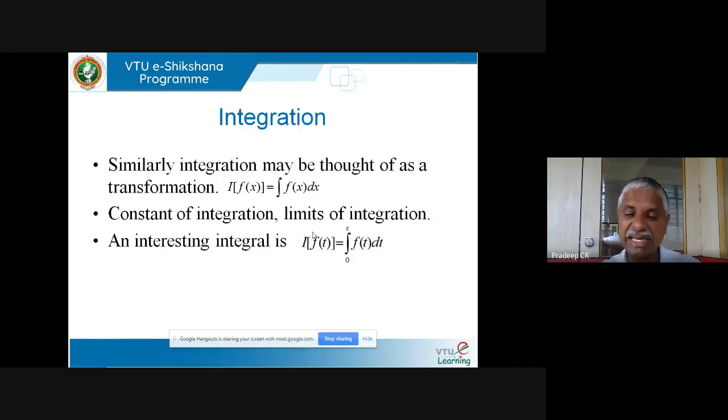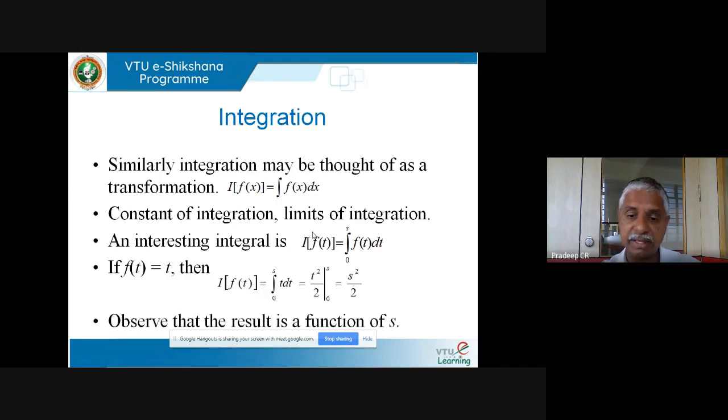This is another linear transformation on functions. That means if you give me two functions f of t and g of t, I of f of t plus g of t is I of f of t plus I of g of t. Similarly, I of a times f of t is a times I of f of t, where a is a constant, some number. This much everybody is clear, I am sure.